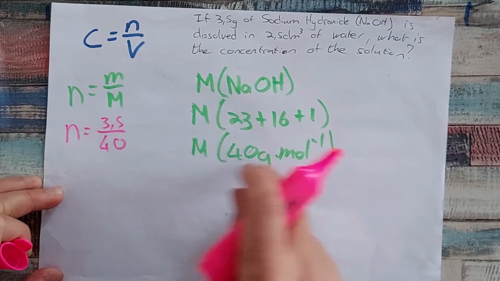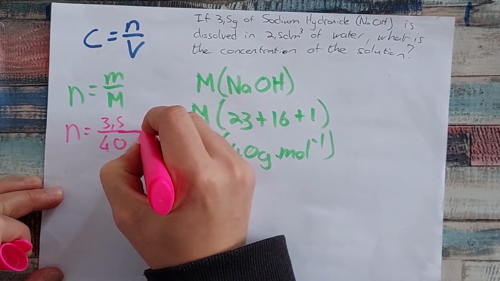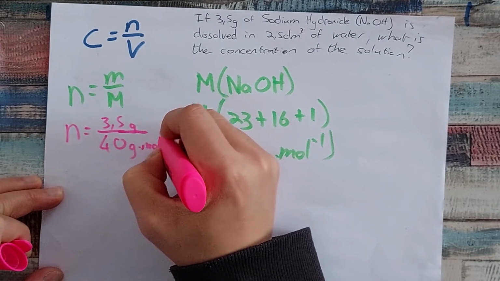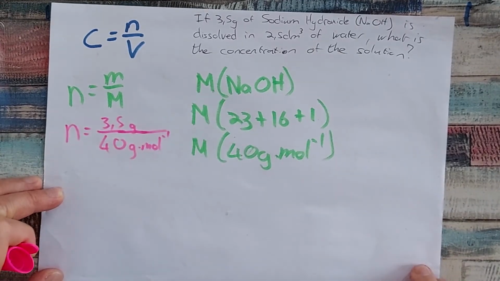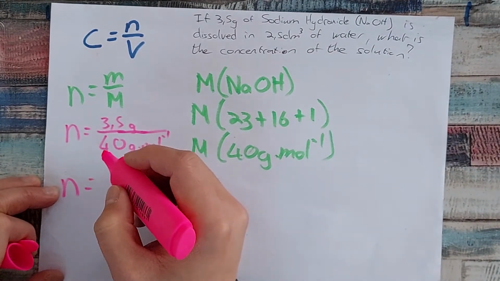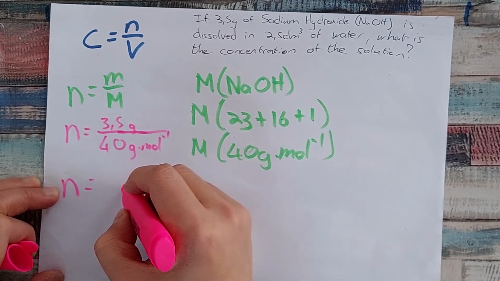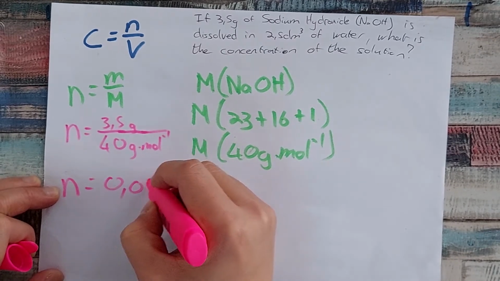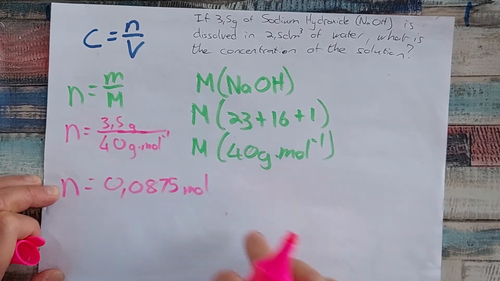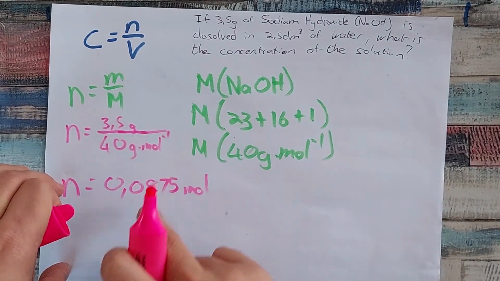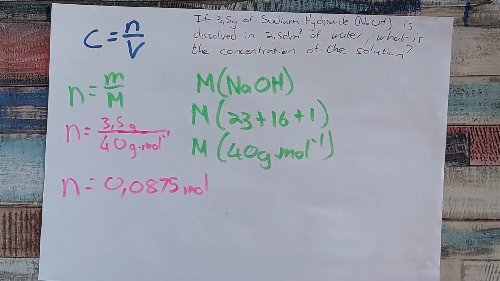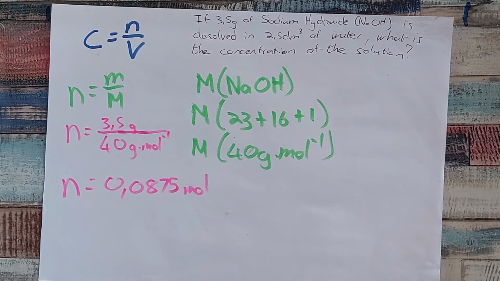A little thing that you should always be doing is putting in your SI units so that you don't forget what each of them represents. Now, our number of moles is going to come out as 0,0875 moles. I haven't rounded off this number because if I round it off, this would be 0,09, and it's going to give me a bigger number than what it's supposed to be.